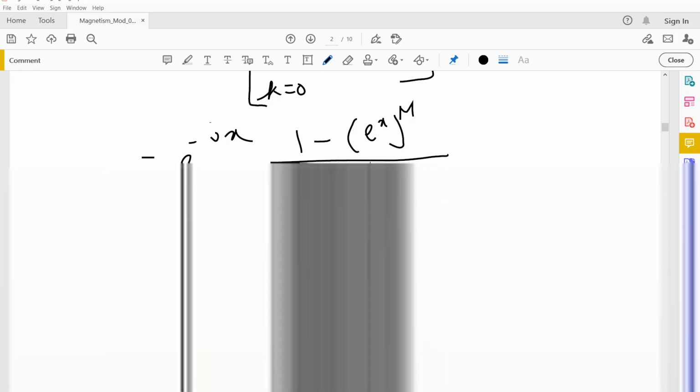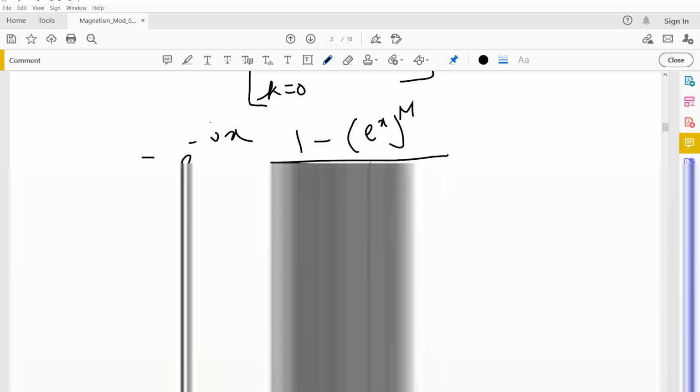If you do that, the first term becomes e to the power (j plus half)x, and then e to the power minus (j plus half)x. In the denominator we have e to the power x by 2, and then e to the power minus x by 2. These two factors get cancelled, and if you remember, this is the difference of two exponents.